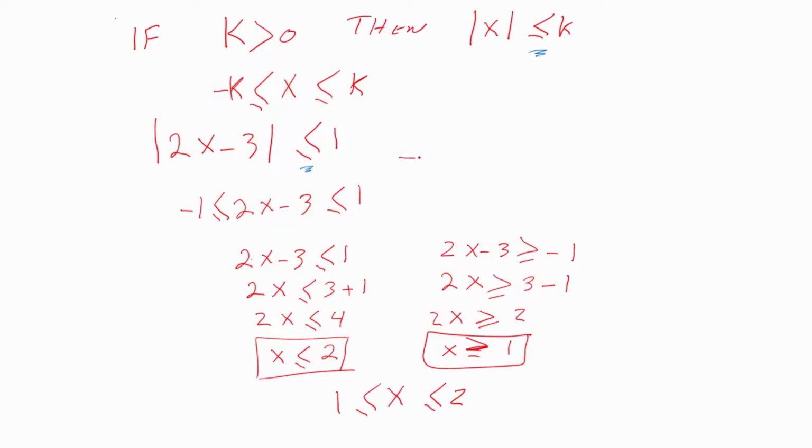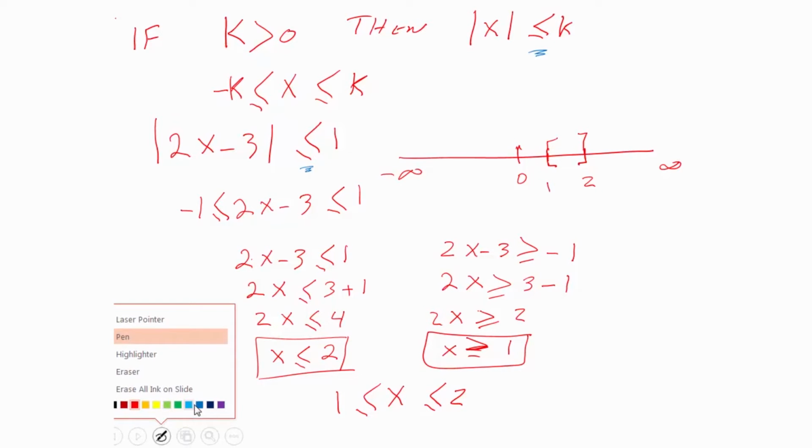Again, if you want to show this on the number line, infinity here, minus infinity here, here is 0, here is 1, here is 2. Then between 2 and 1, less than or equal to 2, that would give you a bracket facing in this direction. Greater than or equal to 1 would give you a bracket facing this direction.